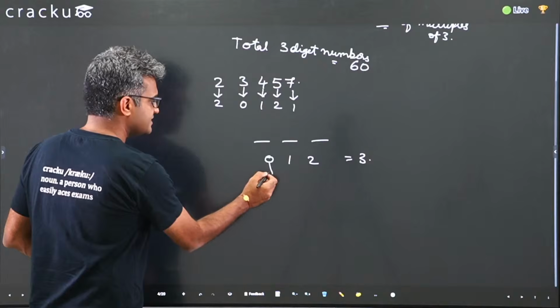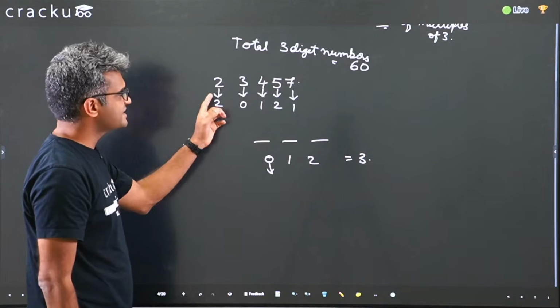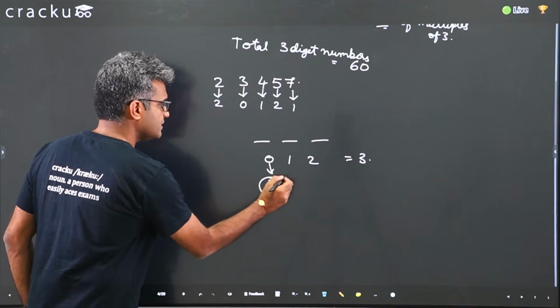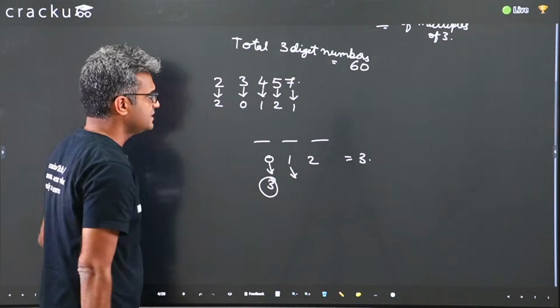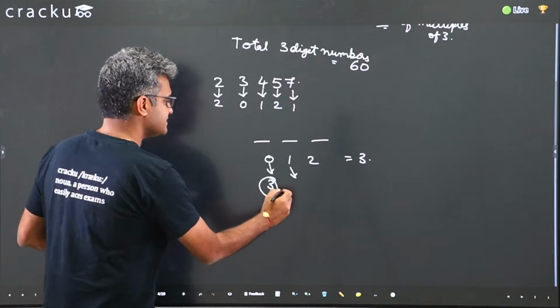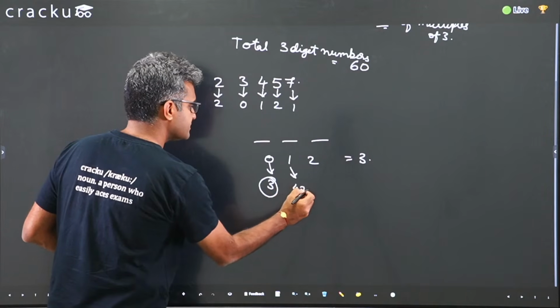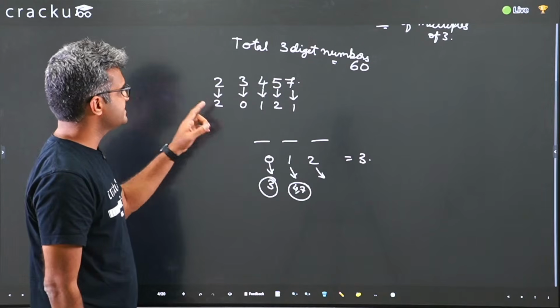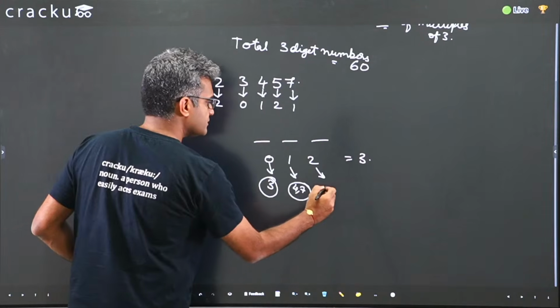Now, if the remainder is 0, the number that is being selected out of these 5 has to be 3 only. If the remainder is 1, the number that is being selected is either 4 or 7. If the remainder is 2, the number that is being selected is either 2 or 5.